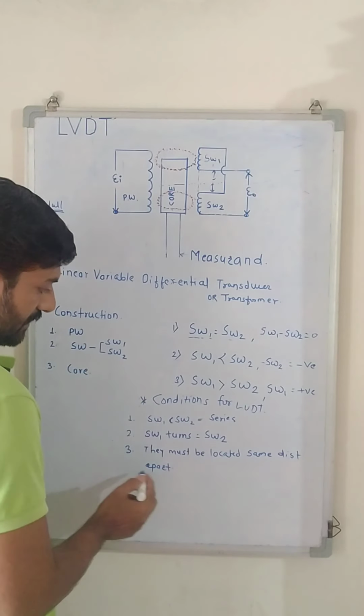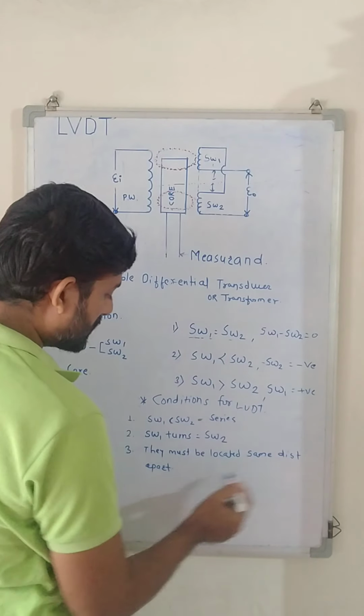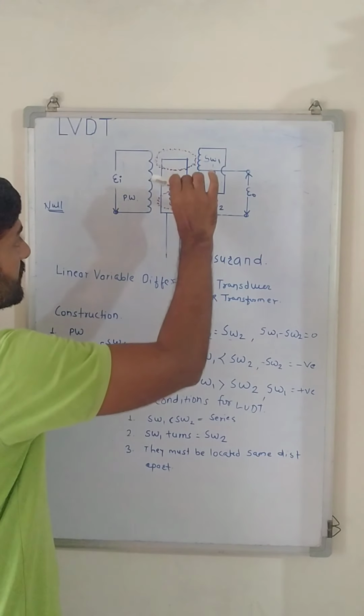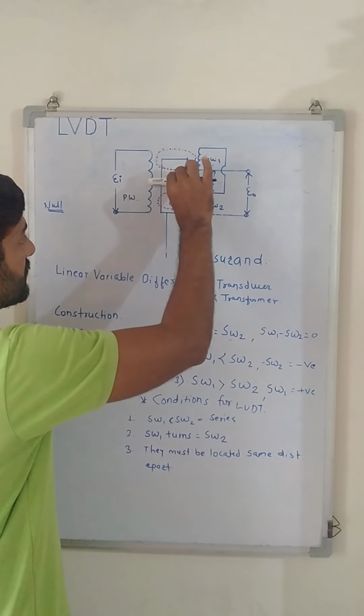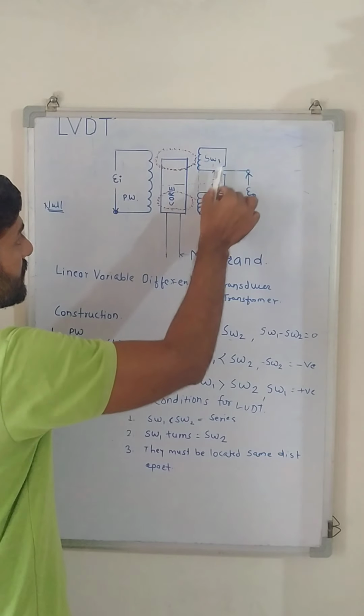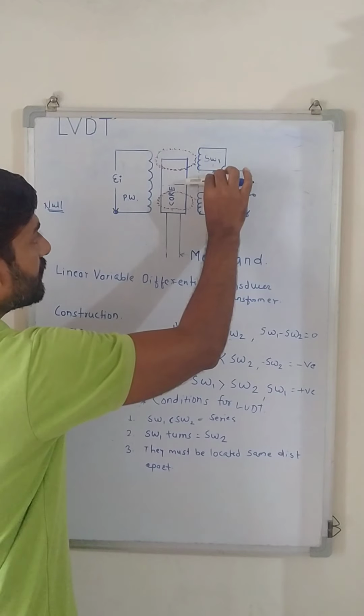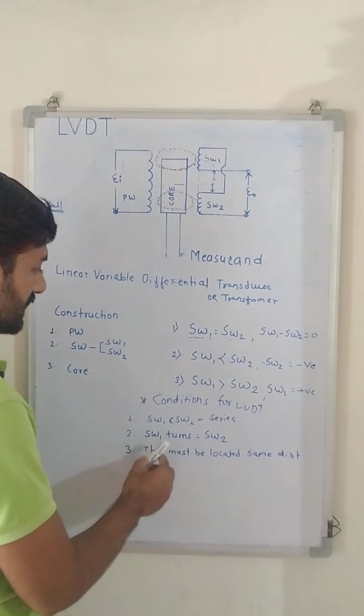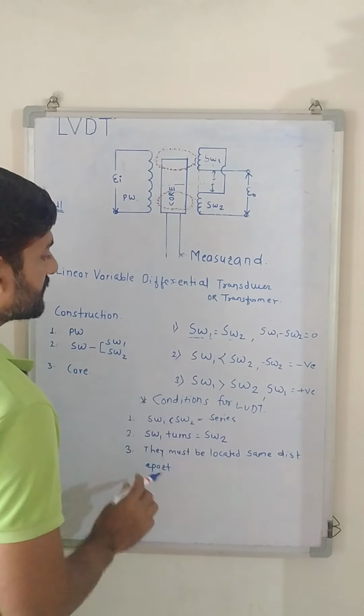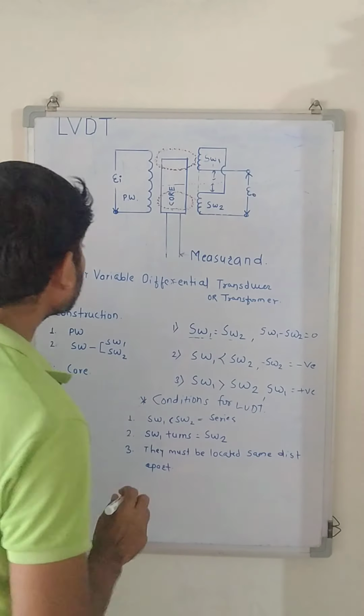Condition number 3, they must be located the same distance apart. Suppose this is the center, here you can see they are located at the same distance apart from the center line, say above 10 mm, below 10 mm. So these are the three conditions we must satisfy for LVDT.